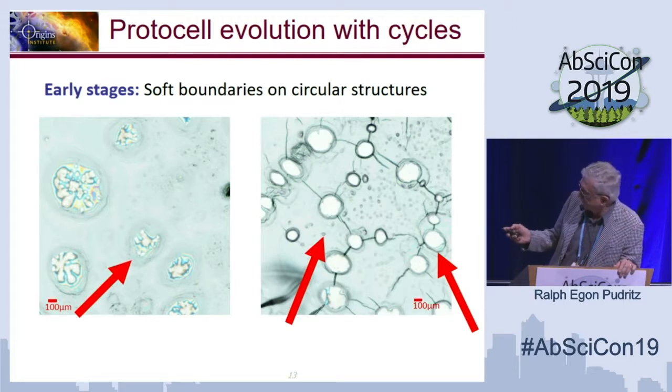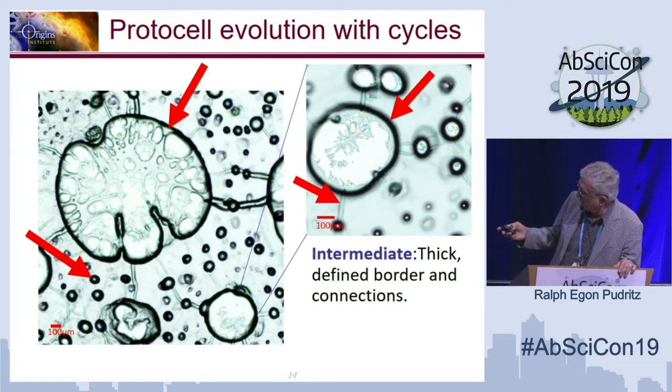Here you see the growth of rather large structures, 100 micrometers shown in here, connected by these kind of channels. Intermediate in the number of cycles, you have these larger structures which are starting to break up into smaller vesicle-type structures.